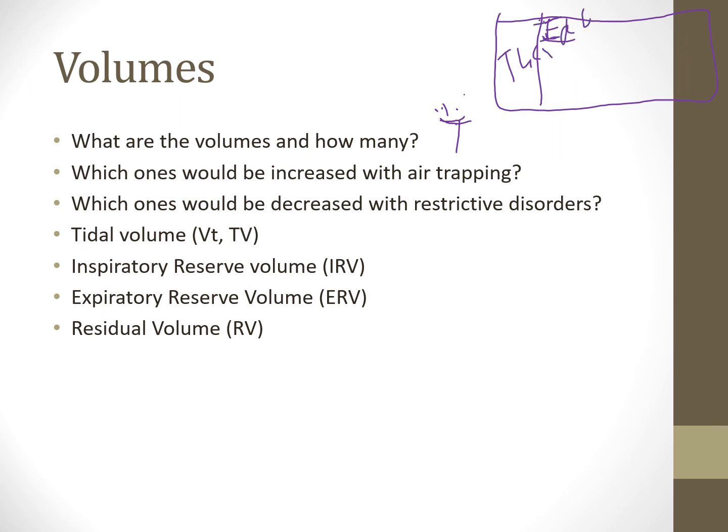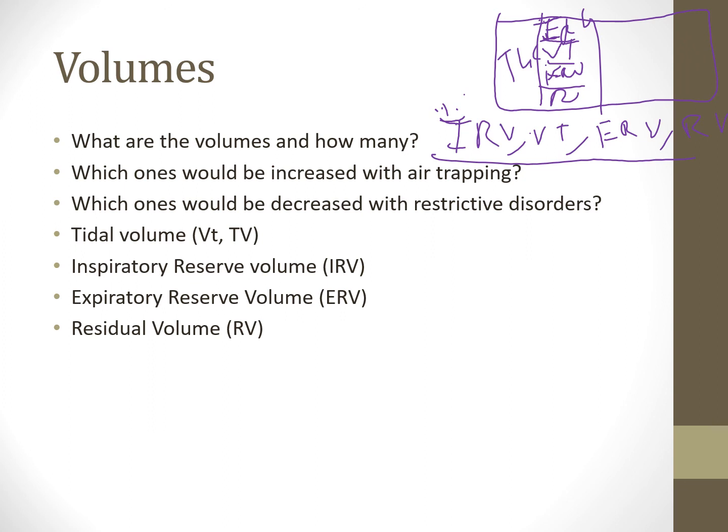IRV, VT, ERV, and then RV. Yeah, you cannot make those out. So this one would be inspiratory reserve volume, tidal volume, expiratory reserve volume, and residual volume.